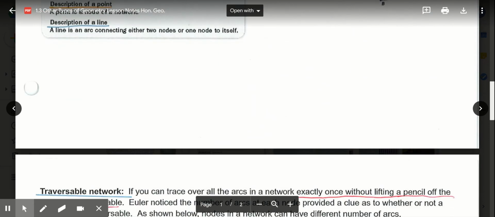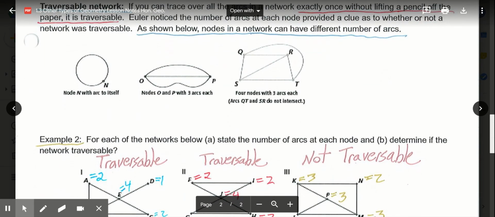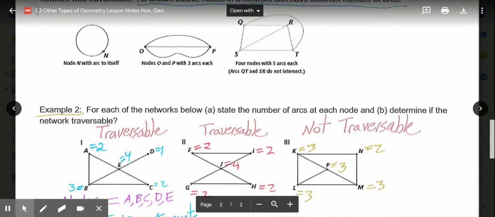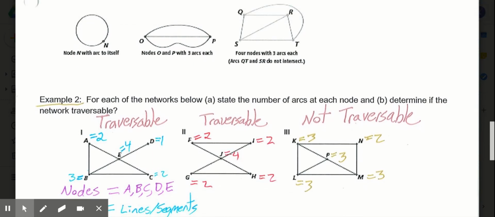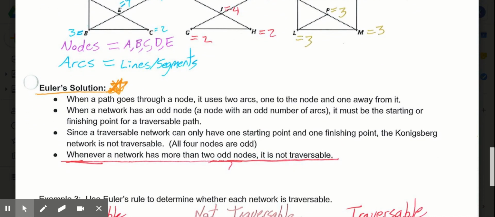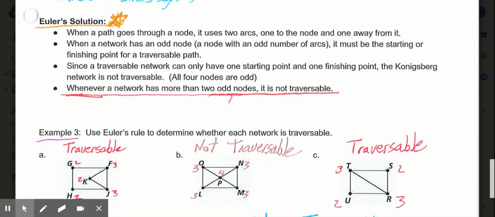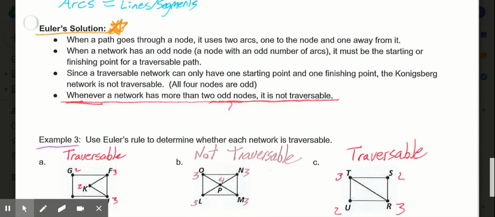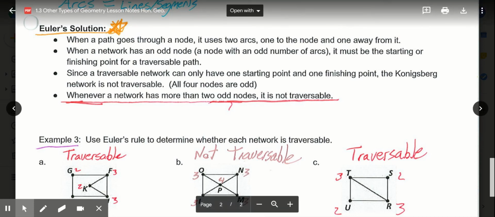So based on these patterns, Euler could tell us if networks were traversable or not. Before we look at example 2, I just want to skip down to what Euler's solution was. Euler's solution was that when a path goes through a node, it uses 2 arcs.